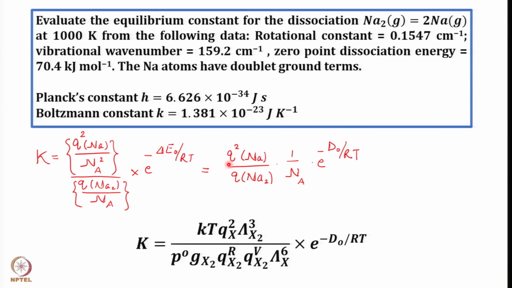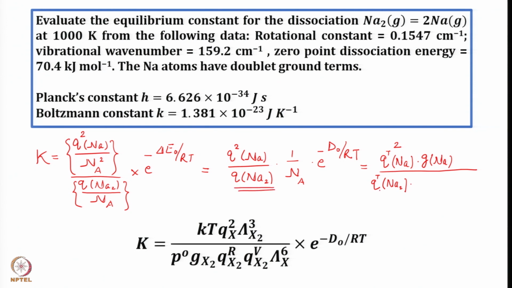So therefore, what I will do is, I will write here that Q of sodium only, that means Q translational sodium square, into, if there is degeneracy of sodium, divided by Q translational for disodium. Now remember that this is a molecule.